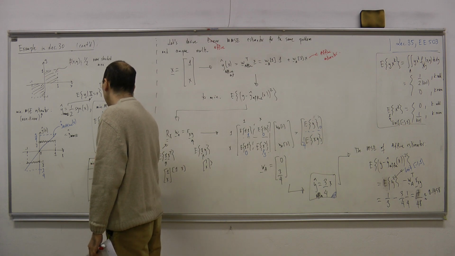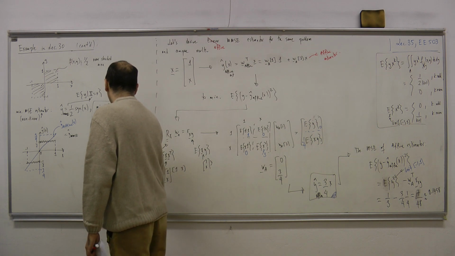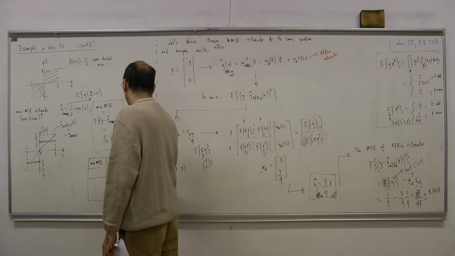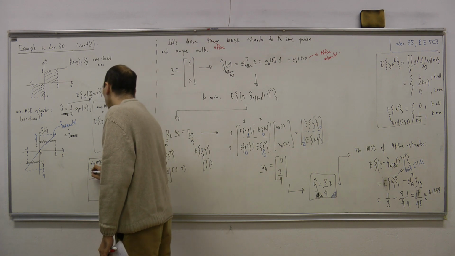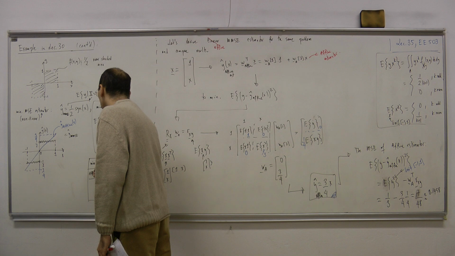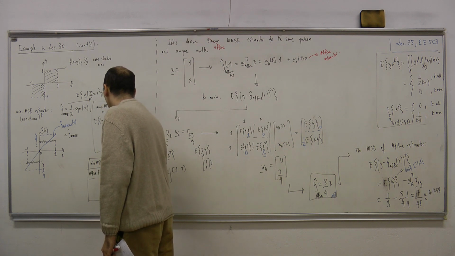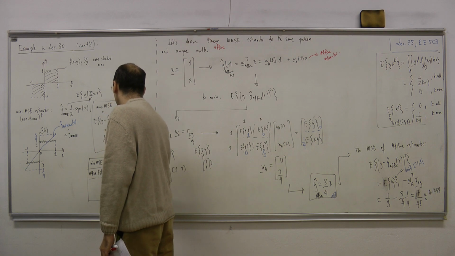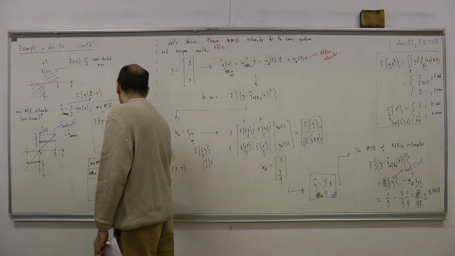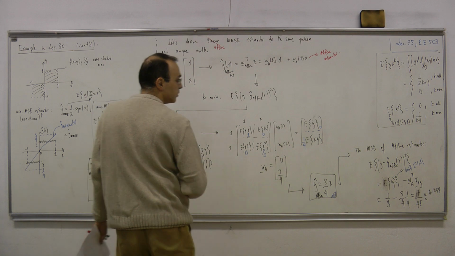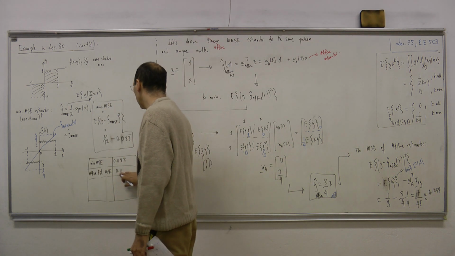So mean MSE. This is the error, 0.083 bar. Affine estimator MSE. This is 14? 14.